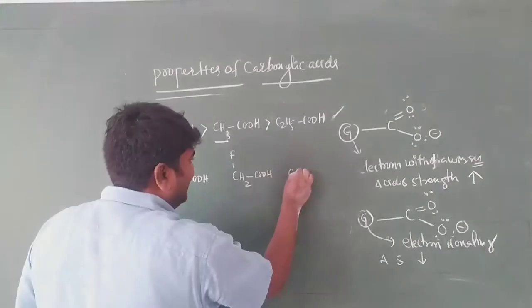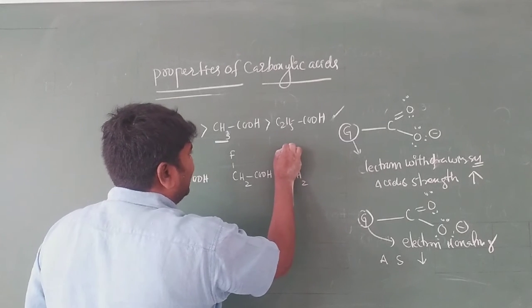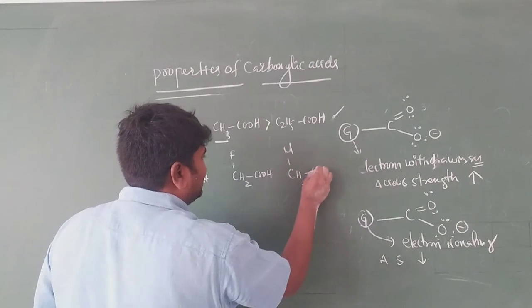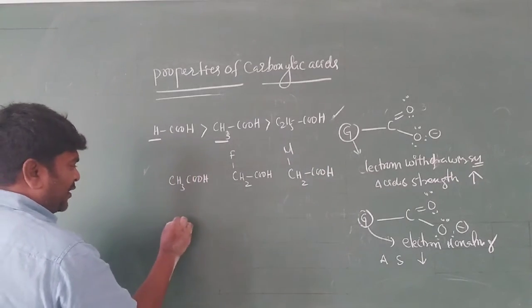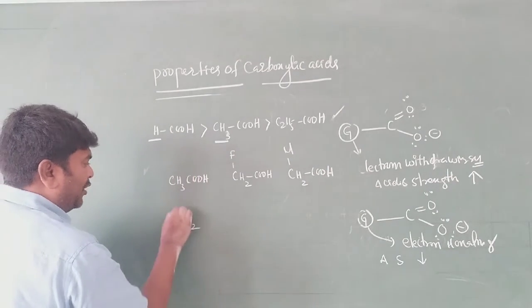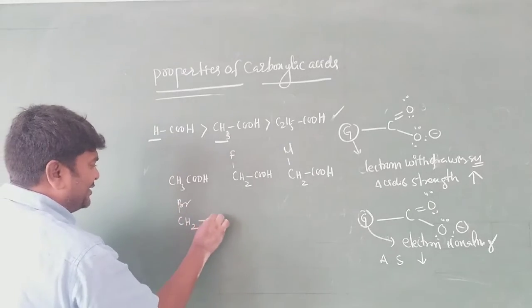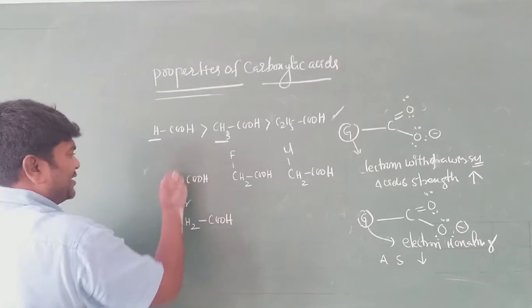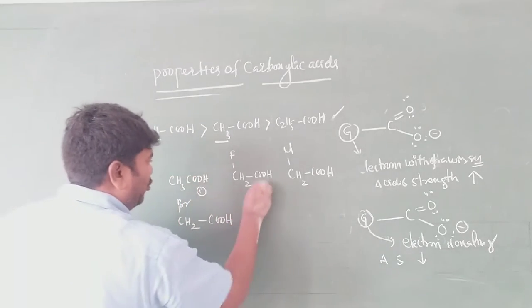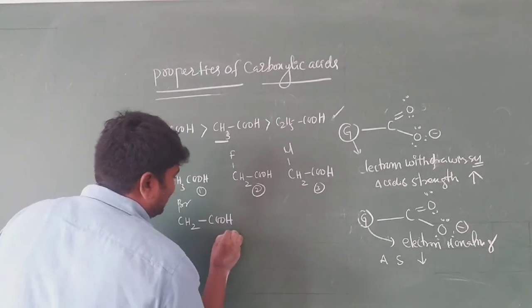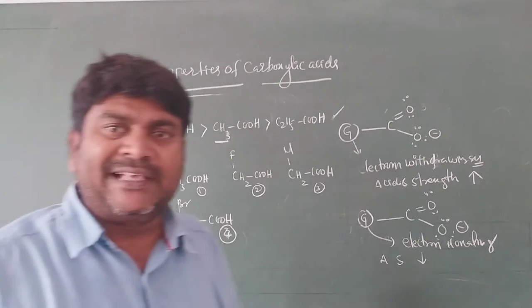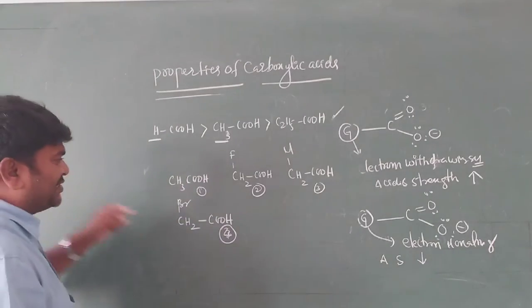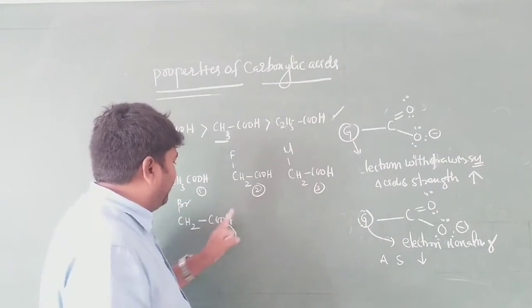Next one, CH2Br, COOH. It is compound 1, compound 2, compound 3, compound 4. Among these compounds, which is the strong acid? It is very important, my dear students. 1, 2, 3 and 4.